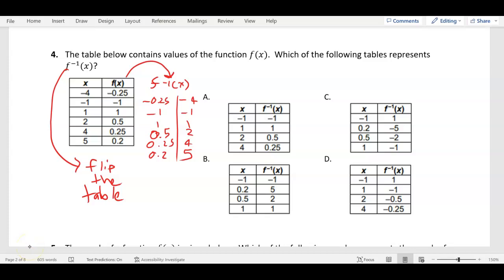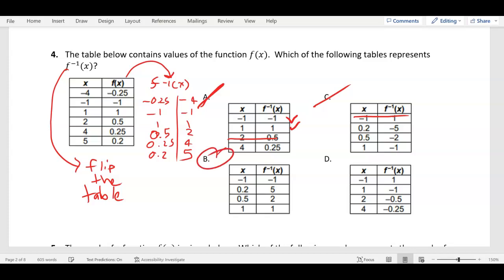All right, so the first answer choice, negative 1 is on there, 1 is on there, 2 is on there, but 0.5 is not on there. That's in the original one, so it can't be A. Negative 1 is actually not on there, so it can't be C. Negative 1 is on here, 0.25 is on here, 0.5 is on here, 1.